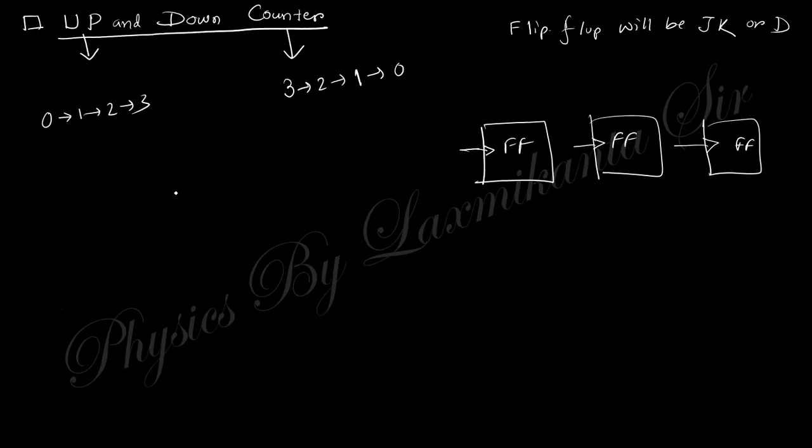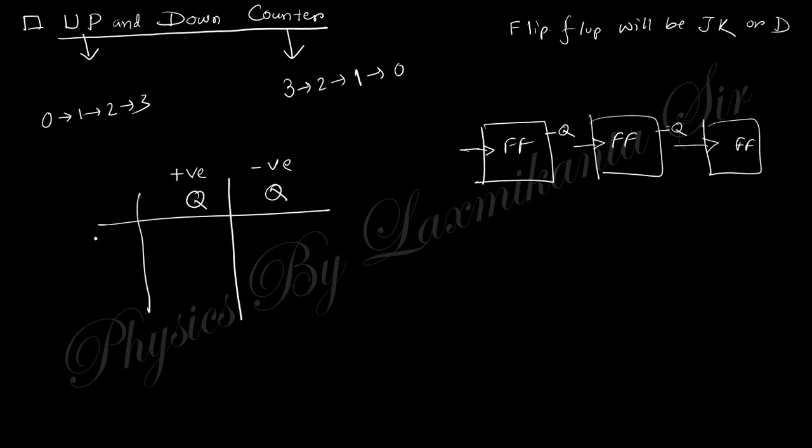For example, this is the Q value, so this is the Q value, there will be a positive value or negative value, and the clock pulse will be positive. This is the symbol of a positive clock pulse, and negative is this one. So positive means positive.